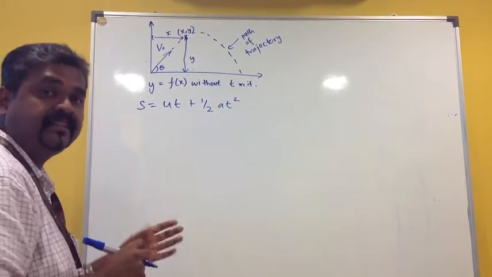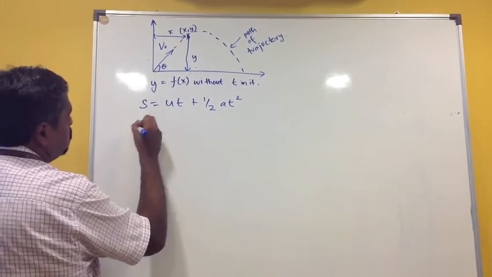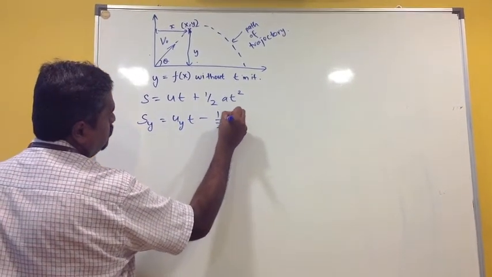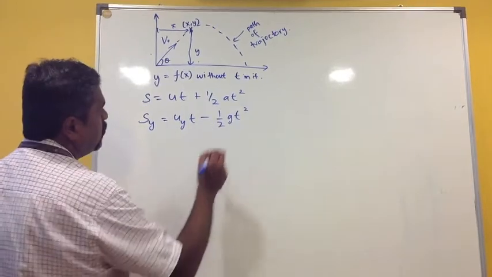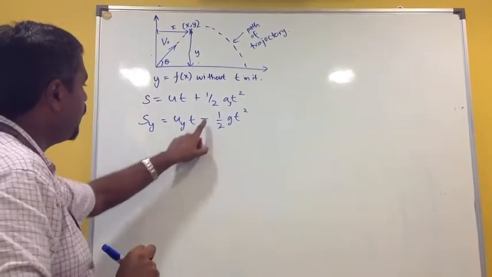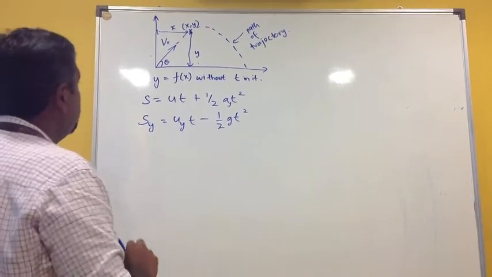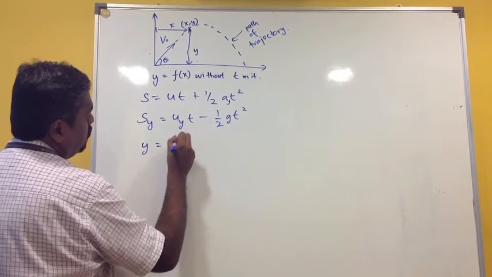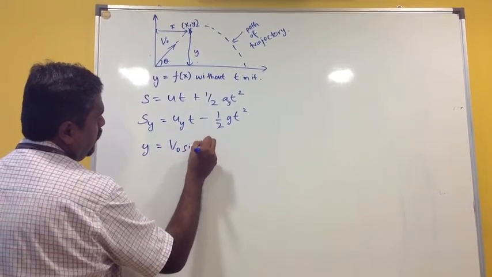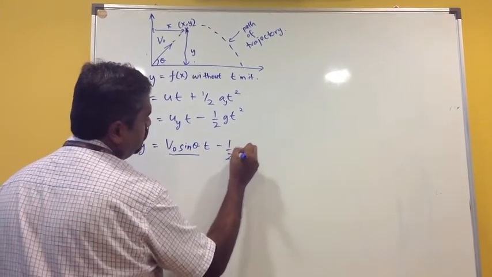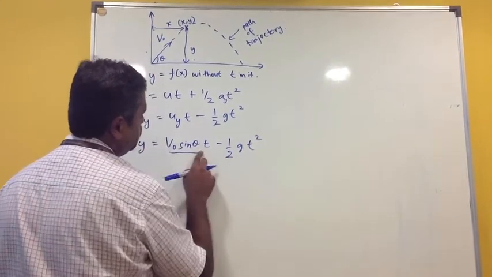Since we're going to analyze this in the y direction, we would say sy equals uy t minus half gt squared, since we know that acceleration in the y direction actually equals negative g. Substituting sy with y, we get y equals v0 sine theta t minus half gt squared.